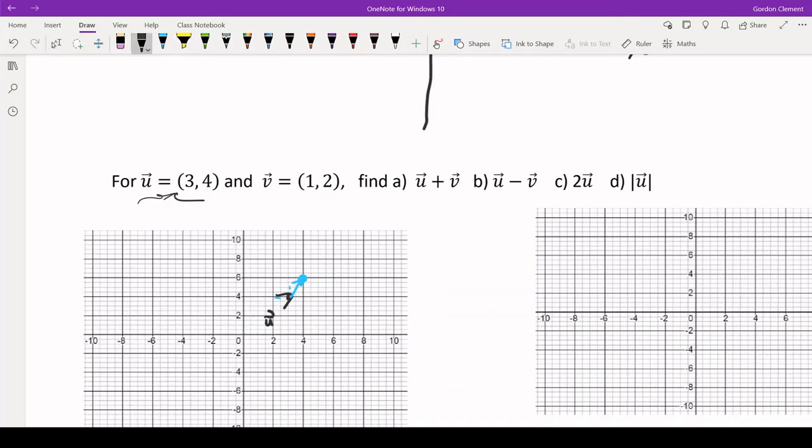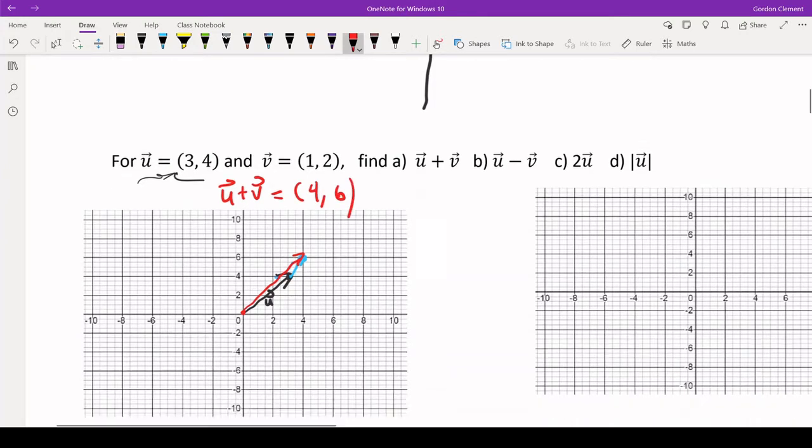So there's the two vectors drawn head to tail. So u plus v will connect from the start, which is the origin, to the end, which is (4, 6). So u plus v would be the vector (4, 6).